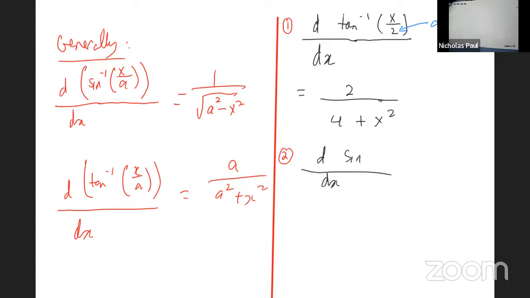Try sine inverse 2x, please. Simplify it as fast as possible. Do sine inverse 2x.